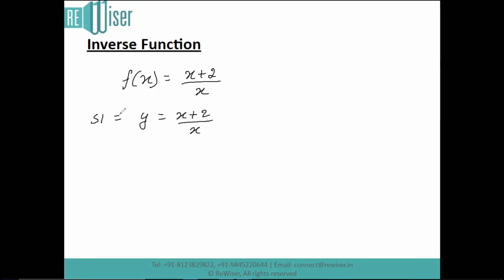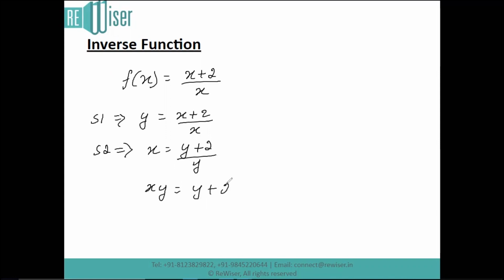Step two is swapping x and y, so wherever I have y I put x, and wherever I have x I put y. So x equals y plus 2 over y. The last step is to make y the subject, so I cross multiply: xy equals y plus 2.